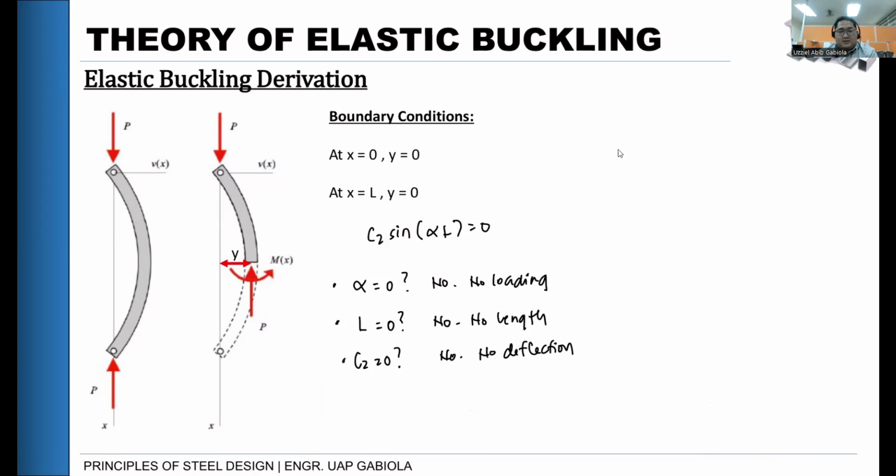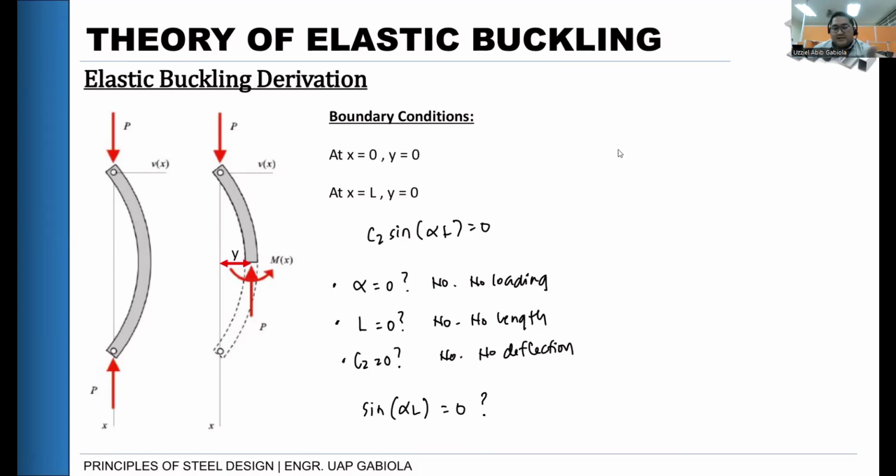Okay? So, ang isa na lang siguro na pwede natin i-check is yung sine alpha L is equals to 0. Okay? So, pwede ba siyang maging 0? Okay? So, yun yung unang pwede natin pag-isipan, ano? Para masagot 'to, let us look at how sine waves is plotted sa x and y natin, ano?